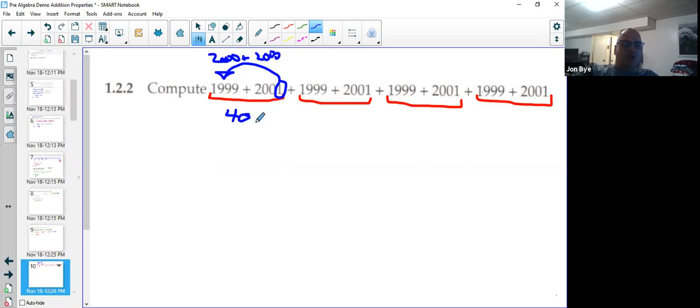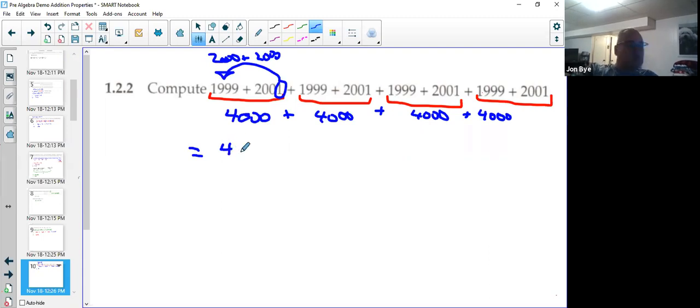4,000, right? And as Evan said, there are 4 of those. 4 times. So repeated addition, we're adding the same thing 4 times, which is just multiplication. And so we end up by using the associative property here, associating these things in pairs. 4 4,000s, what's the answer to that?